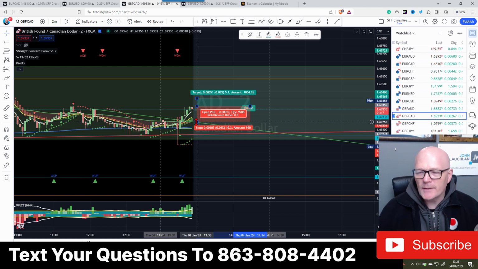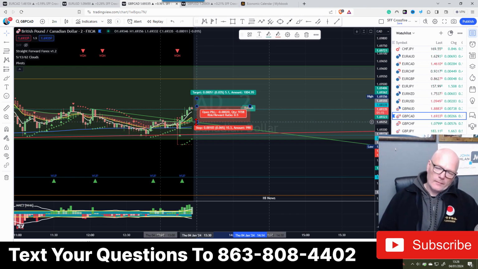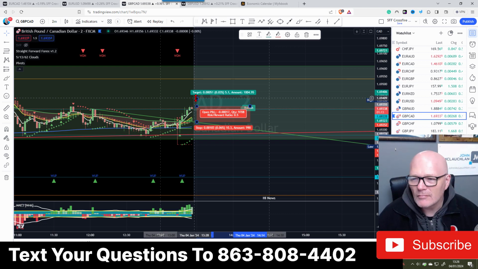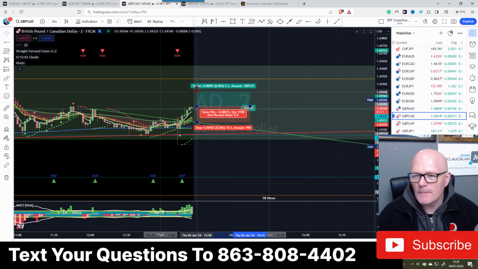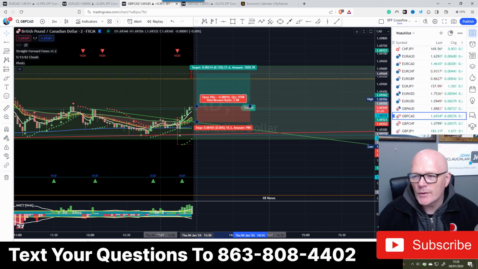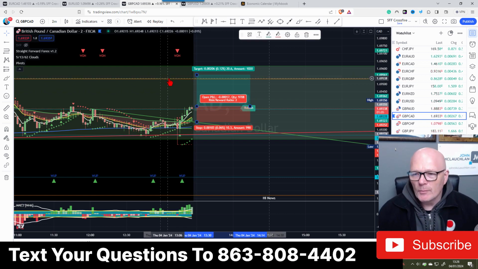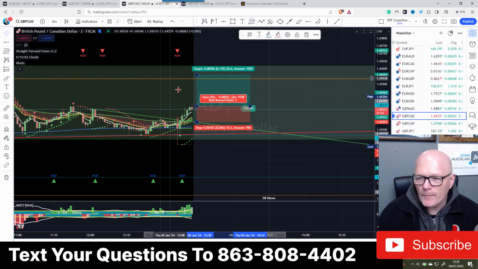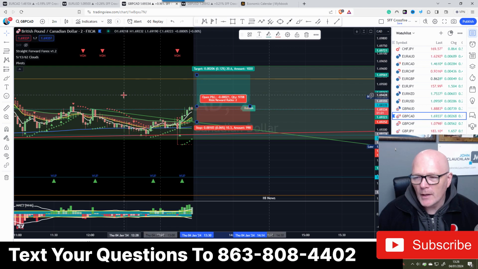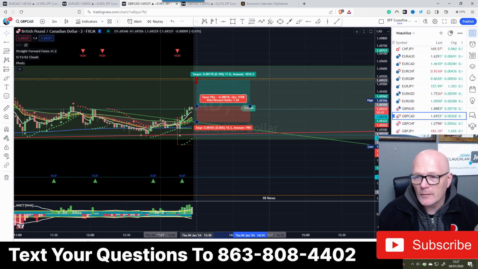You're looking at about a 10 pip stop loss, which is on the max side, because we want to be getting a 1-to-2 ratio, and our 1-to-2 takes us just above this pivot line. Ideally we'd want to just go below the pivot line, but if we did that, we'd still be getting a sort of 1 to 1.6, which isn't too bad, but I want to be getting a 1-to-2.